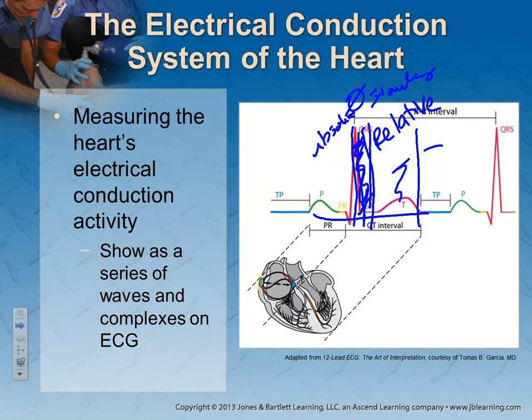So what's going to happen is you're going to have atrial depolarization falling under here. Then you're going to start having the QRS, and you're going to have ventricular depolarization happening at the same time that you've got ventricular repolarization.